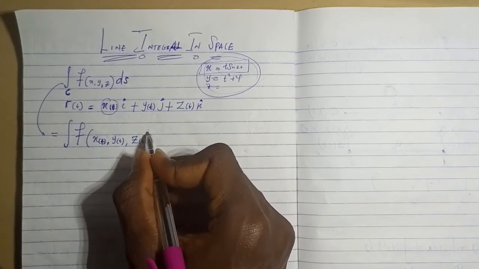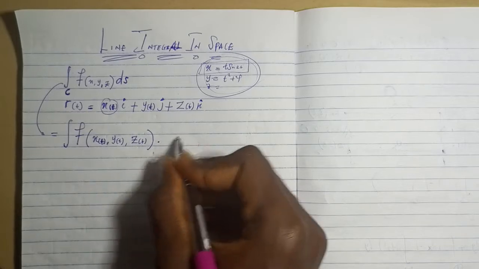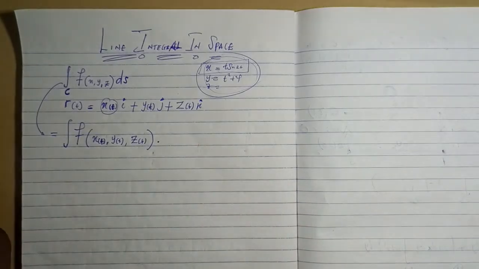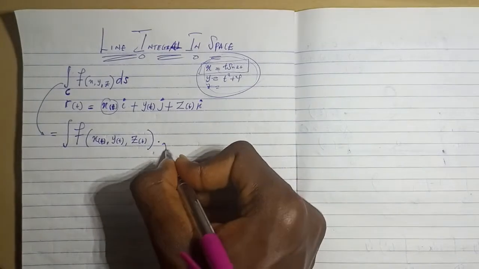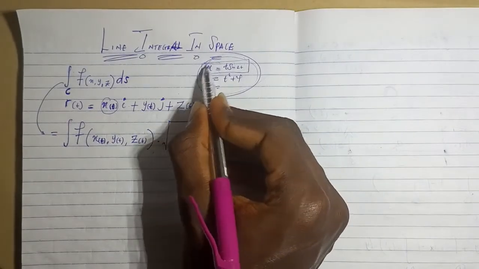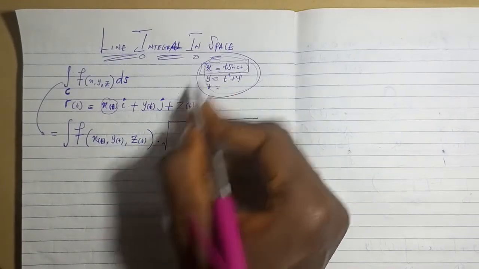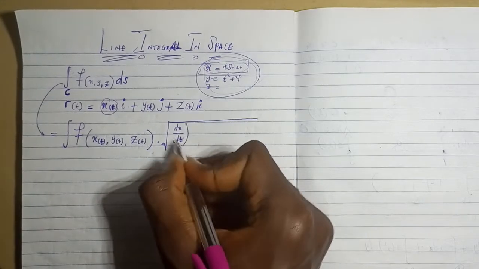After getting this result, you have to multiply it by the square root. You can write it in terms of a half power, but I prefer to write square root. You have x equal to this. First thing you have to do is to differentiate this x with respect to t. Whatever you get, square it.